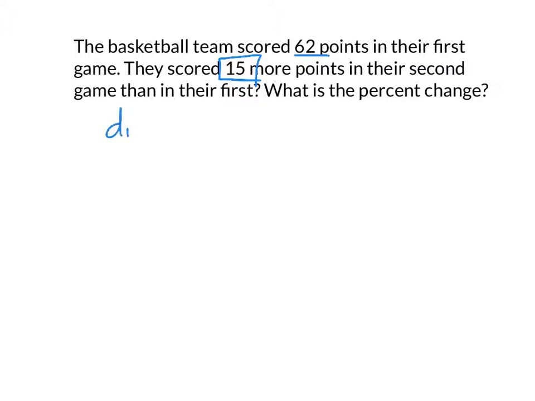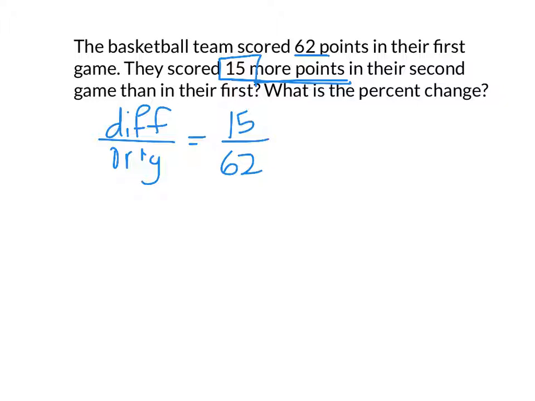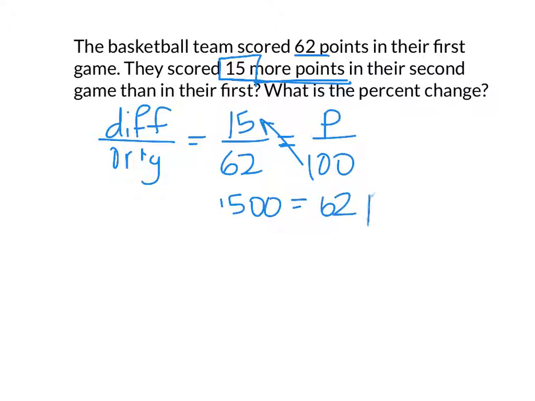So, difference over original is going to be 15. You don't have to subtract. They gave you the difference. They scored 15 more points this time. The original is 62. If you like the proportion, we're looking for the percent out of 100. So cross multiply, 1500 equals 62p.